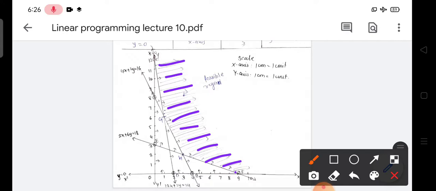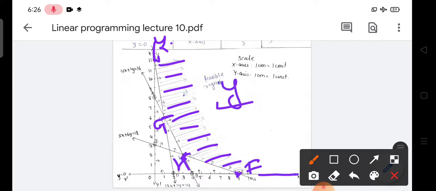Understood? So is it bounded? No, because we don't know the starting and ending of the feasible region. So it is an unbounded feasible region. It starts from the y-axis. I will name this intersecting point G, this intersecting point H, this point we have is F, along the x-axis.